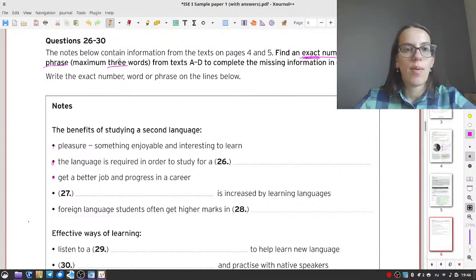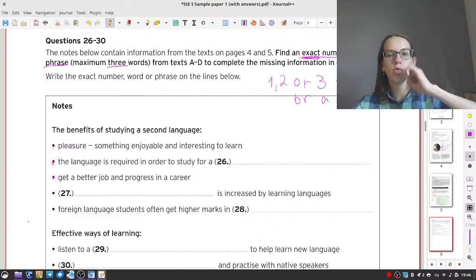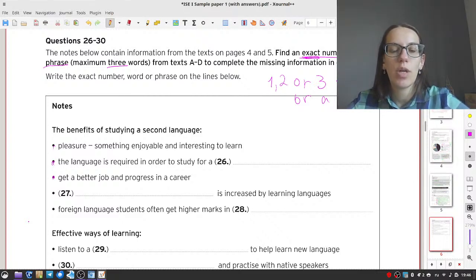And we need to remember that the maximum is 3 words. So it can be 1, 2, or 3 words, or a number. The correct answer must be one word or two words or three words or a number.